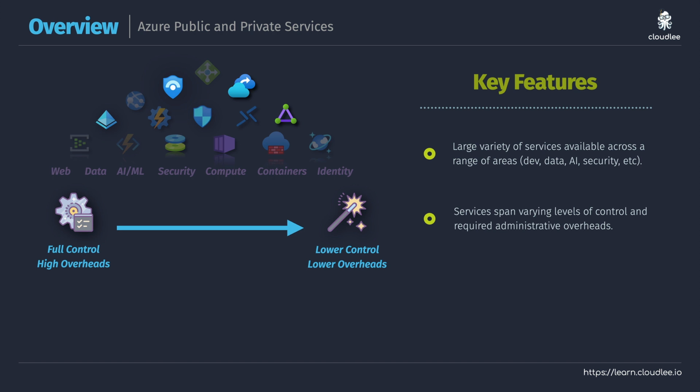Whereas if we use some other services, like Azure App Service, we don't actually get access to the operating system, and that means that we get less control, but it's easier for us to manage. So whatever cloud provider you're using, you're going to see there are a range of different services that cover these different disciplines, and they also cover varying levels of control.